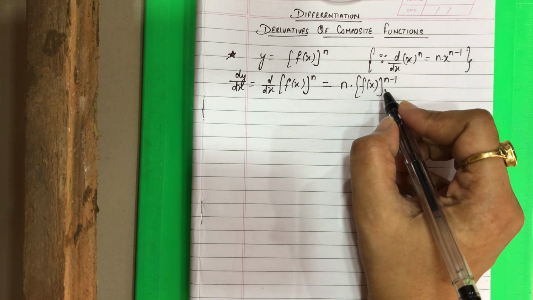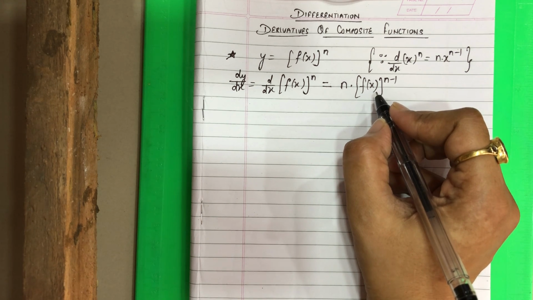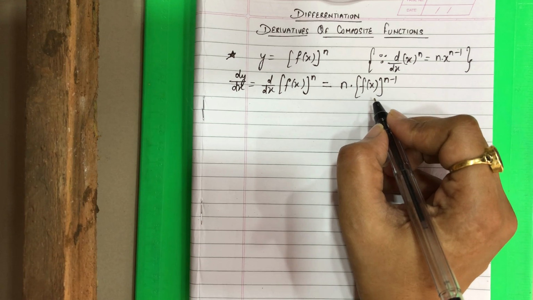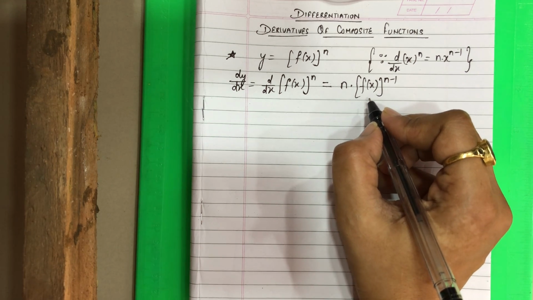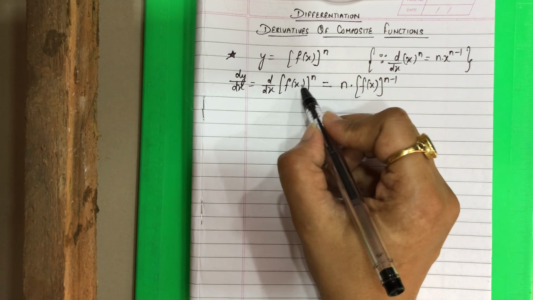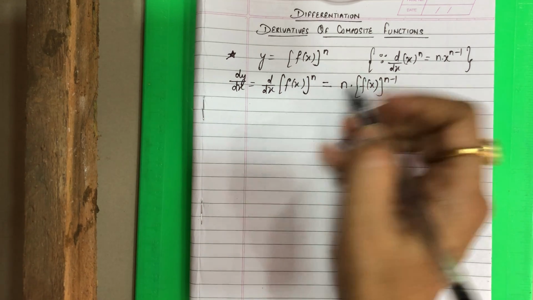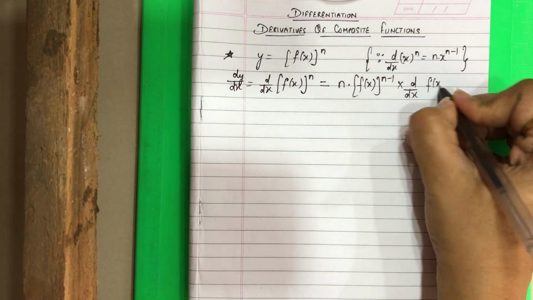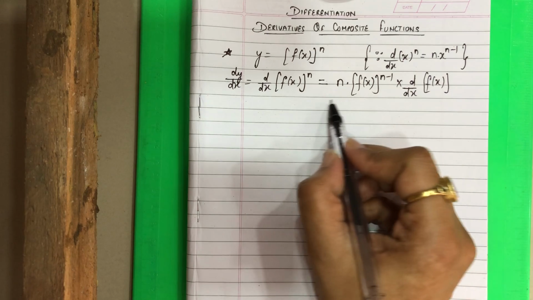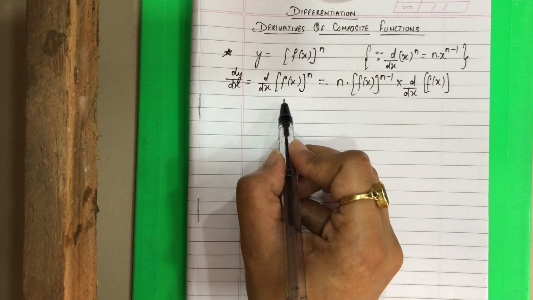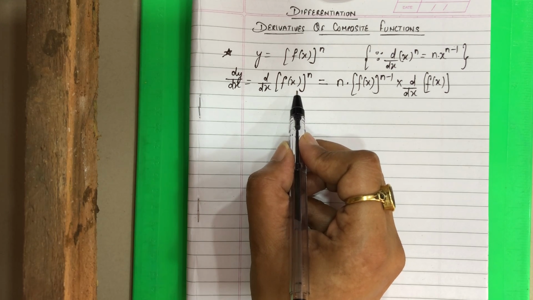But as in composite function, we know that we need to follow the chain rule. Means we have to differentiate every single function. So here we have differentiated this power n. Now again we are differentiating this f(x), that is into d by dx of f(x). So this is the complete formula of finding out the derivative of f(x) raised to the power n.